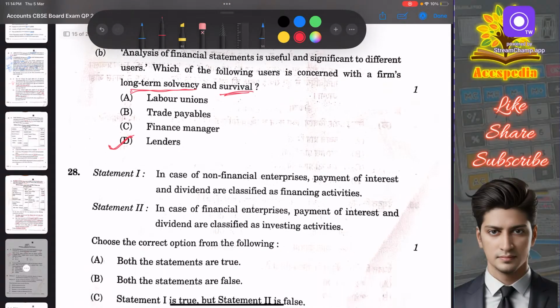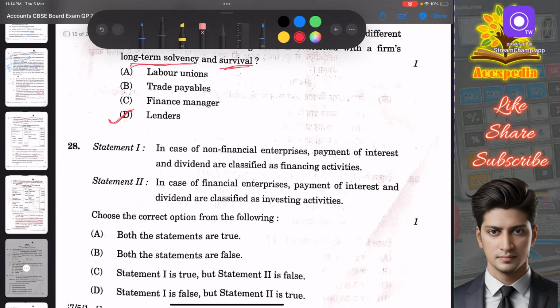Statement 1: In case of non-financial enterprises, the payment of interest and dividend are classified as financing activity. Non-financial enterprises, payment of interest and dividend is a financing activity, true. For financial institutions, it depends; it is an operating activity for them, but for non-financial it is a financing activity.